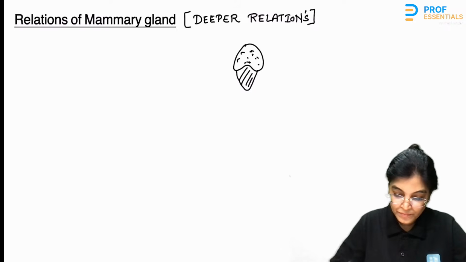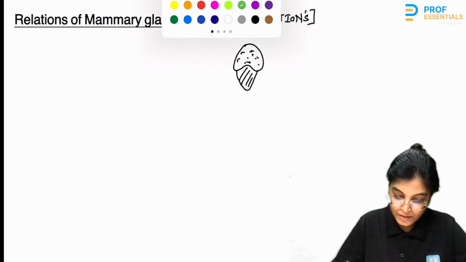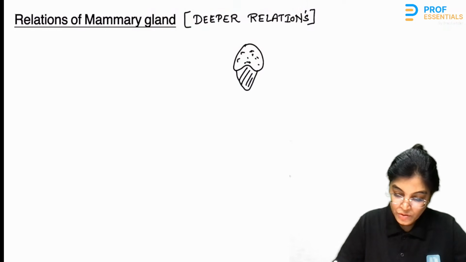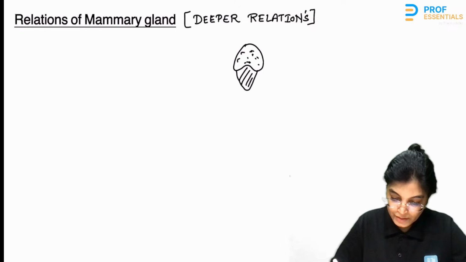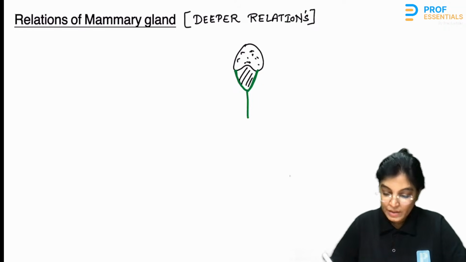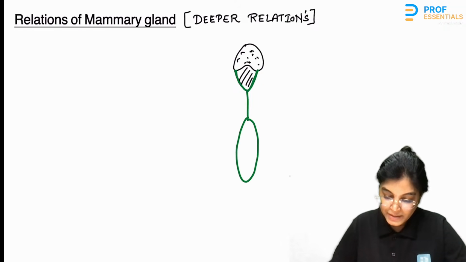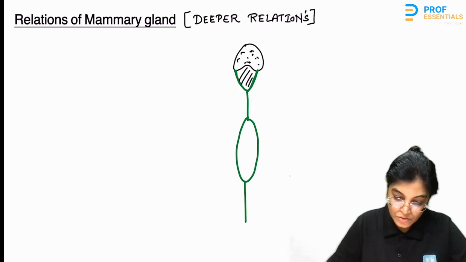Then let me use green color for the fascia. So I will use green color for making the fascias. So this is the clavipectoral fascia. In today's session we have talked about clavipectoral fascia, and my dear students, we know that it encloses two muscles.